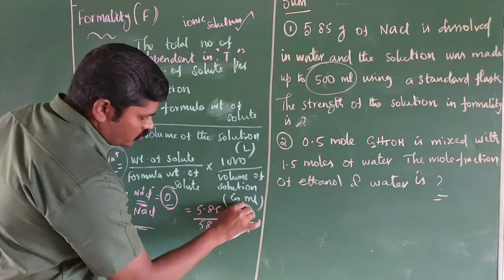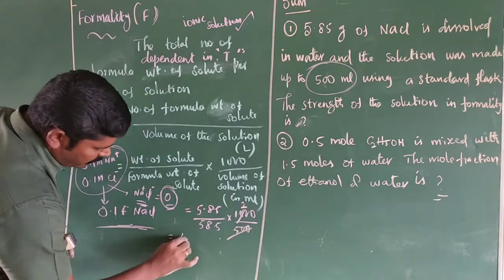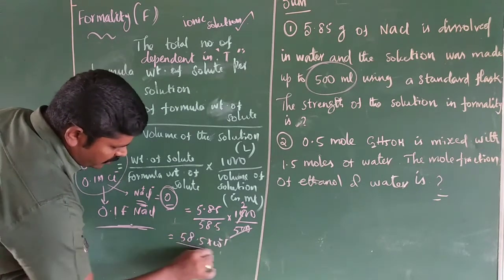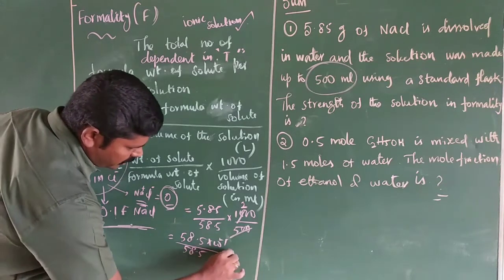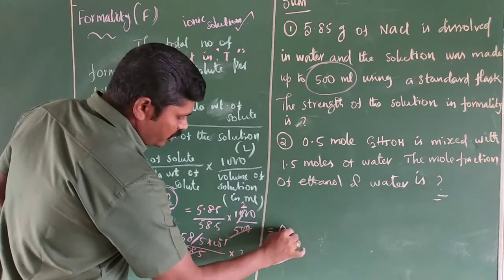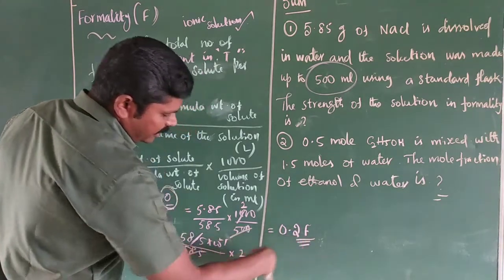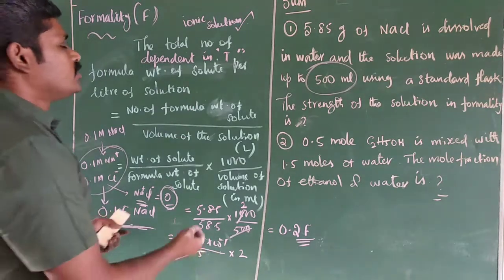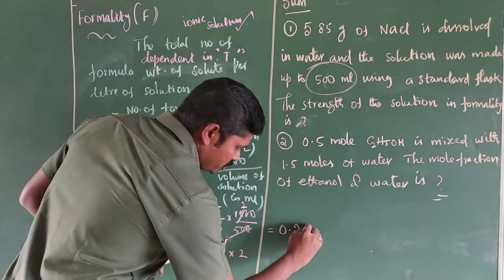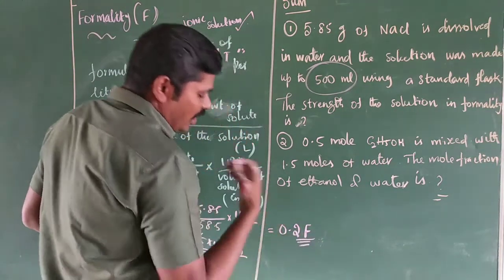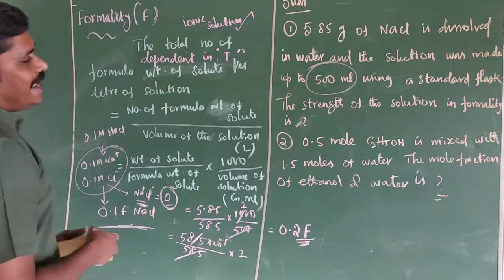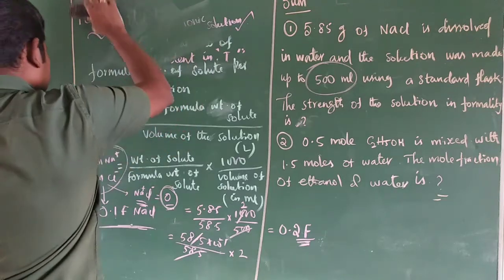That is equal to 58.5 into 10 power minus 1 divided by 58.5 into 2, which is equal to 0.2 formality. The SI unit is mole per liter, mole liter inverse. For an ionic solution, to indicate formality, we write 0.2 F.